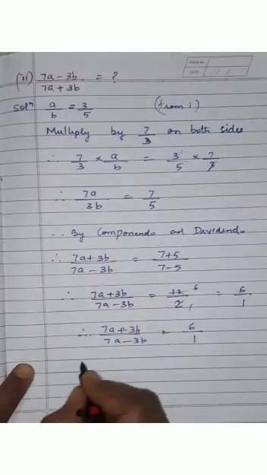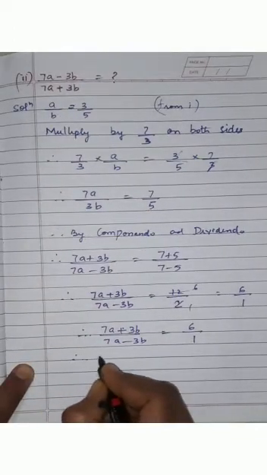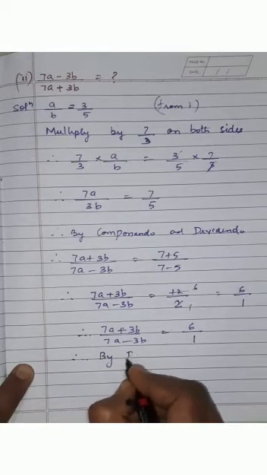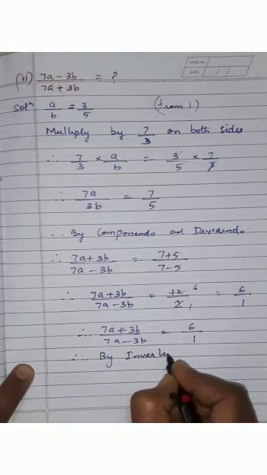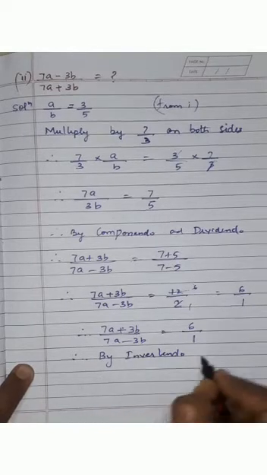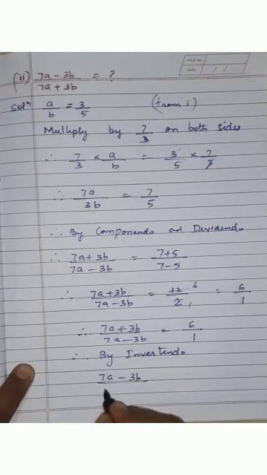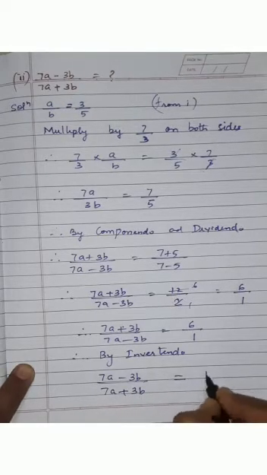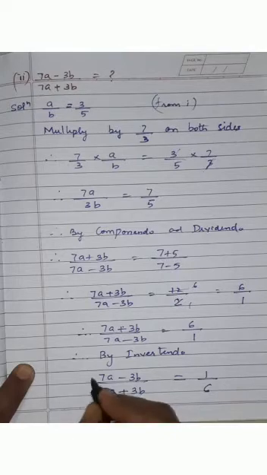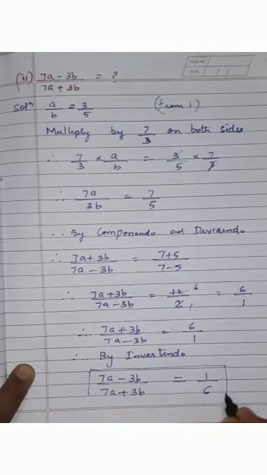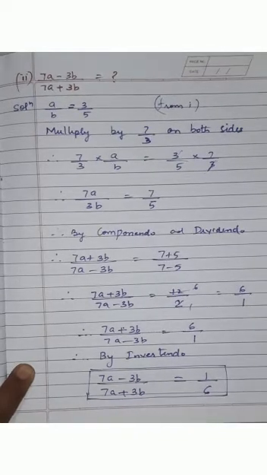So now we have to use the property of invertendo. Therefore, by invertendo, we get (7a − 3b)/(7a + 3b) = 1/6. This is our final answer.